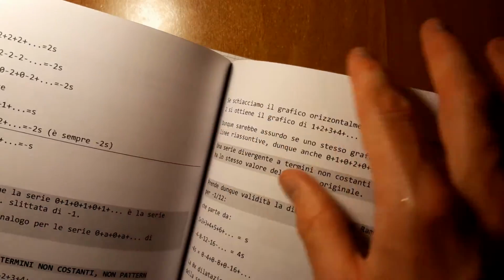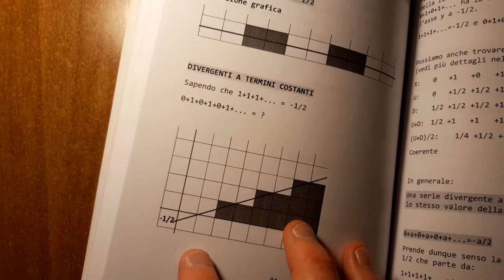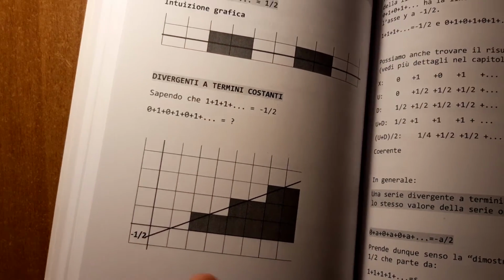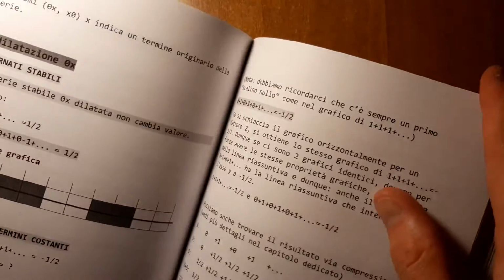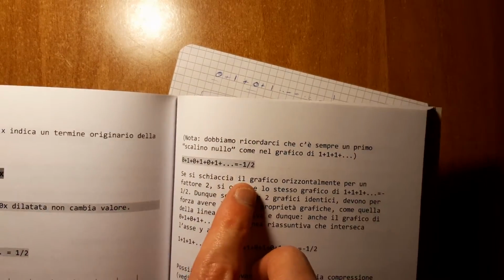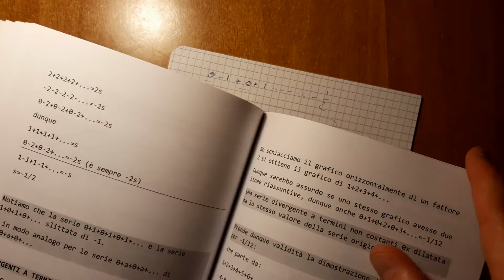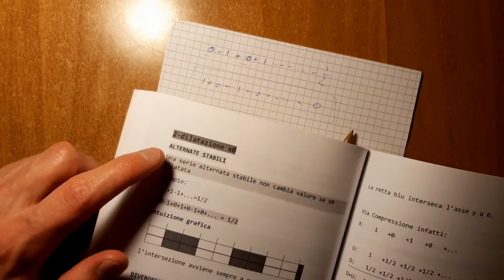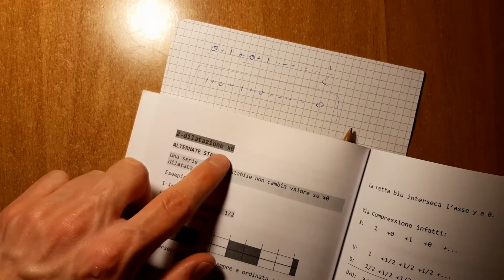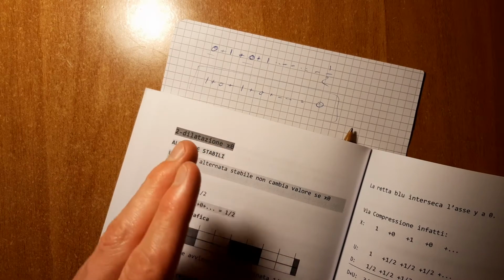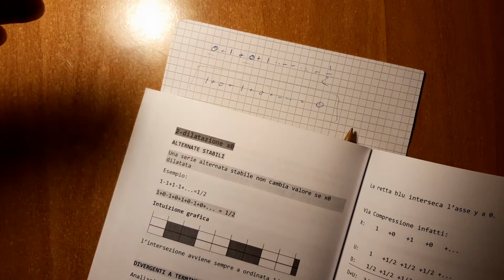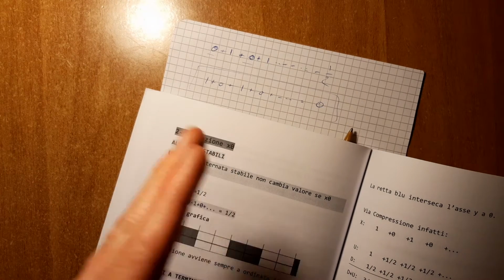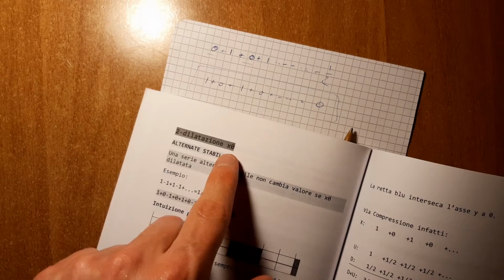So this was the graph of the dilation by 2 with position 2. We noticed this. But let's check this, which I call the 2 dilation X0, because X means the term of the first series kept in the first position in the 2 dilation pattern.